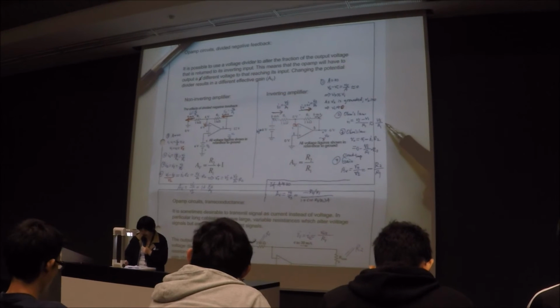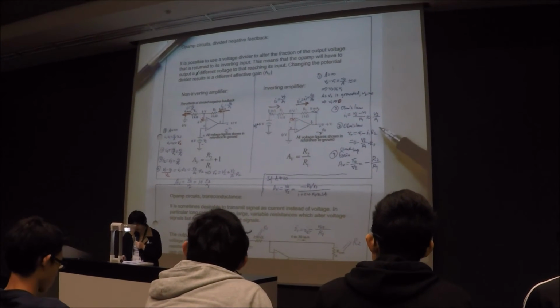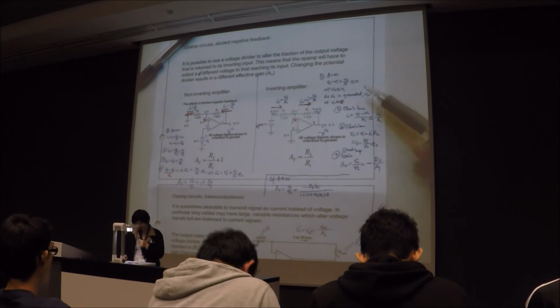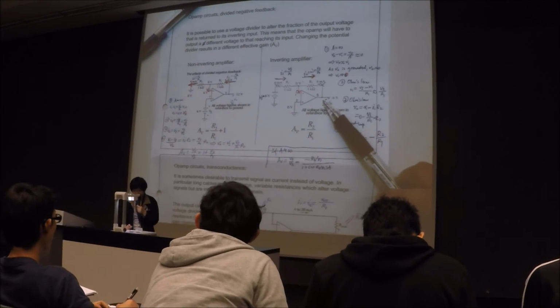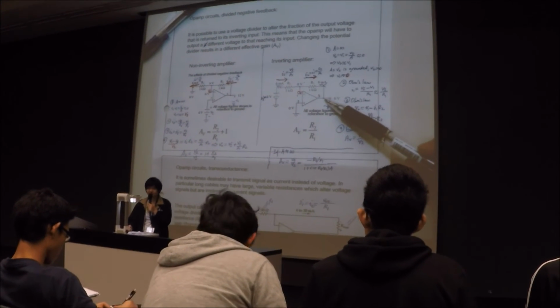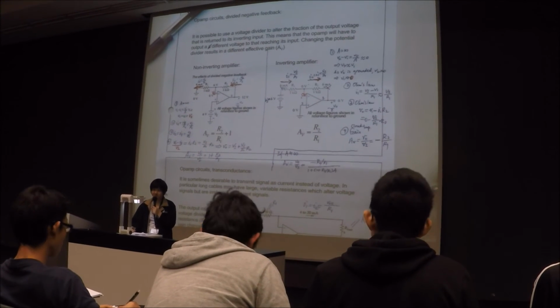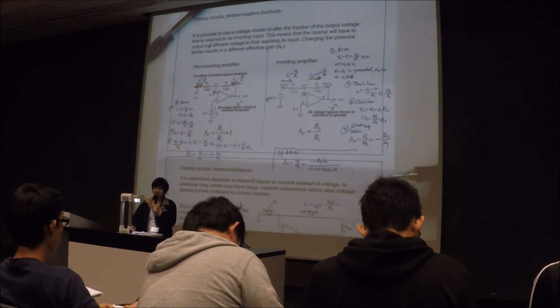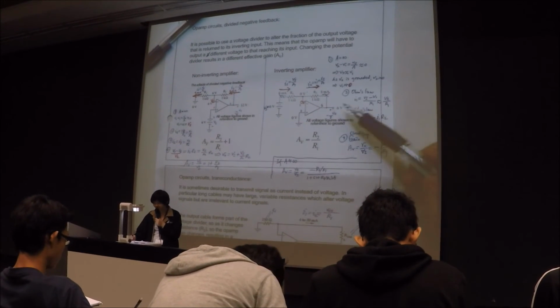Again, according to Ohm's law, the impedance looking from the output terminal, the op-amp's impedance at the output, is approximately 0.